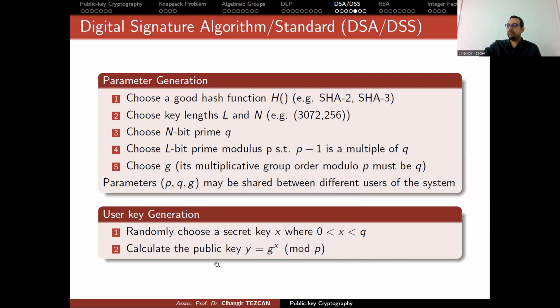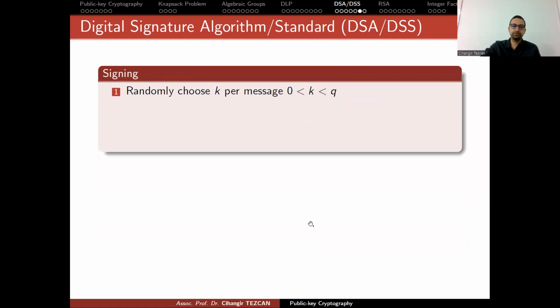As in the case of ElGamal, I calculate the X power of G modulo P and obtain Y. So this will be my public key. This will be my private key. As simple as that. So I'm actually using ElGamal, but not for encryption, for digital signatures.